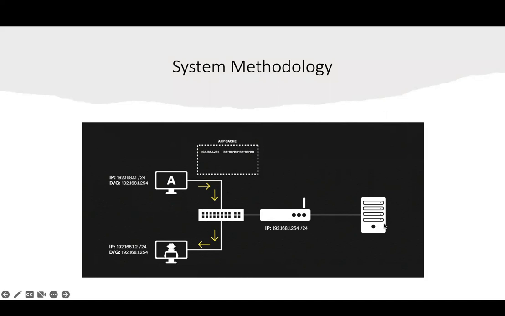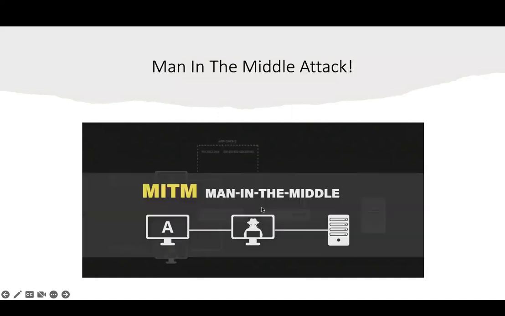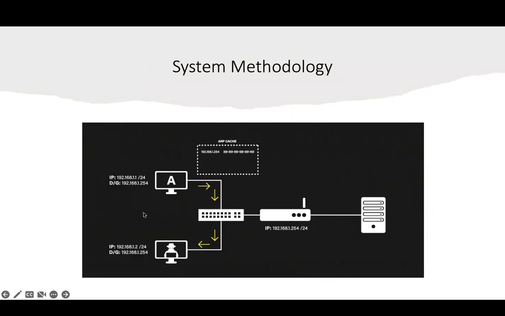But the user doesn't know about it. So the attacker can do malicious things with it before sending it to the web server. And this is dangerous. That's why this is a man-in-the-middle attack. Between the user and the web server, there is the attacker doing malicious things with the information.